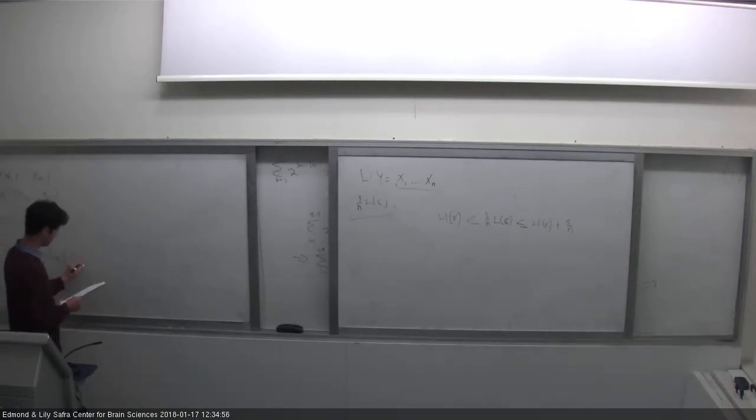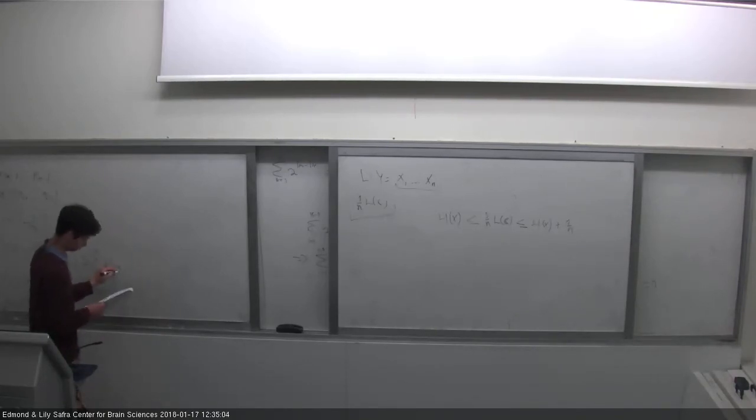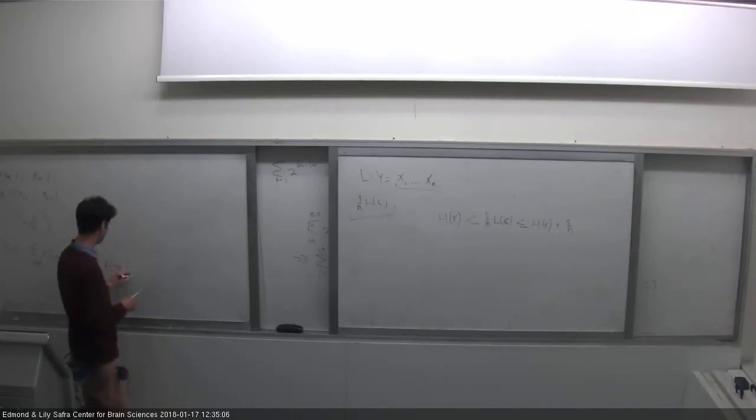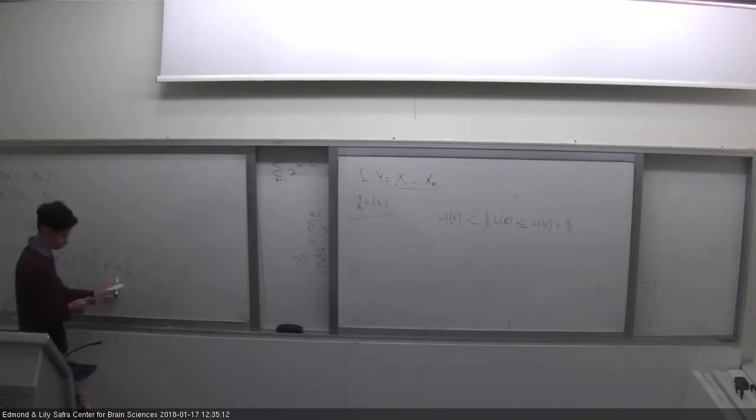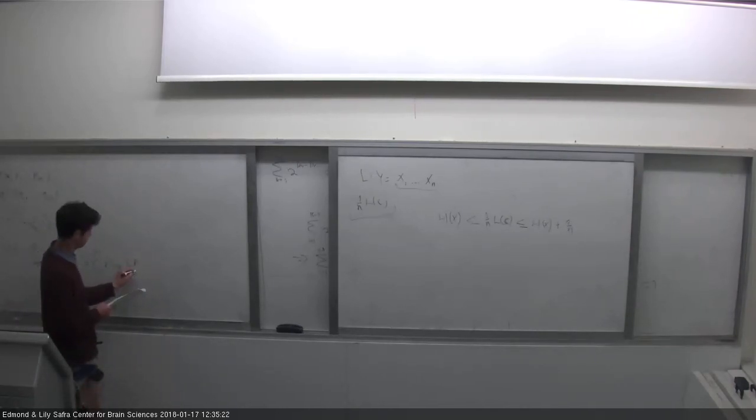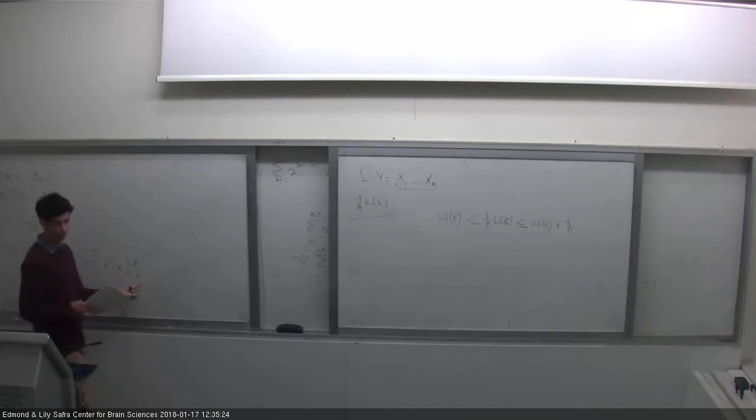And this is bigger than Pi log of 1 over Qi. And so I can multiply by Pi, and divide by Pi.